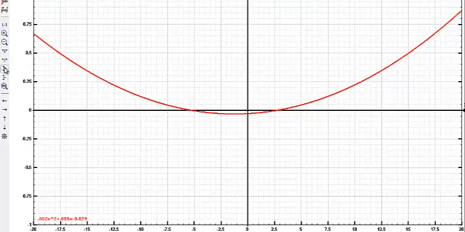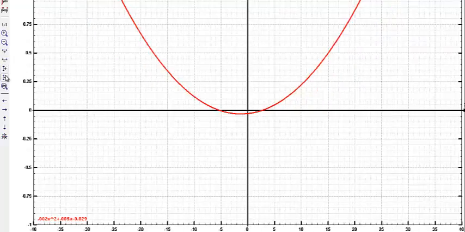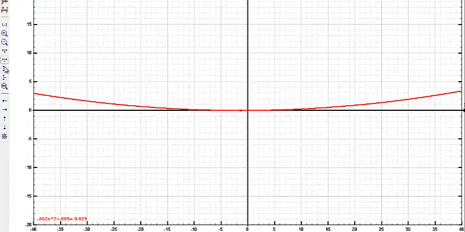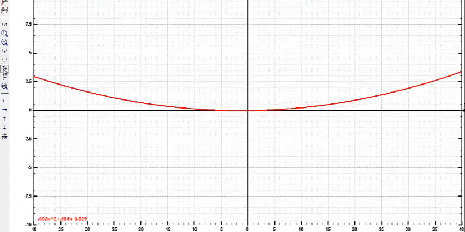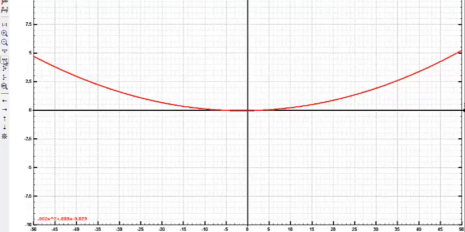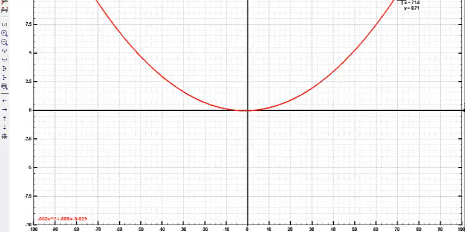We're going to have to zoom out in the y direction, and then zoom out in the x direction and the y direction. I'm going to zoom out to 10. So there's 10 in the y direction. Now I need to zoom out in the x direction. Okay, so there we are.